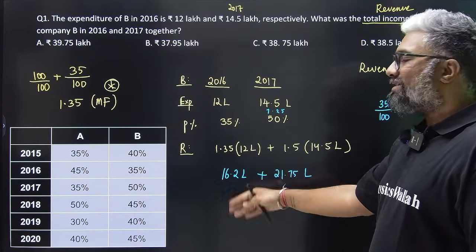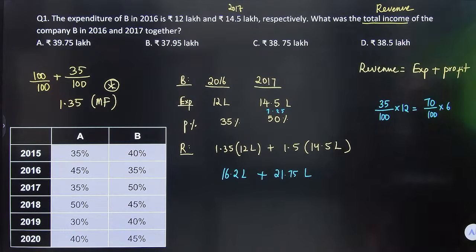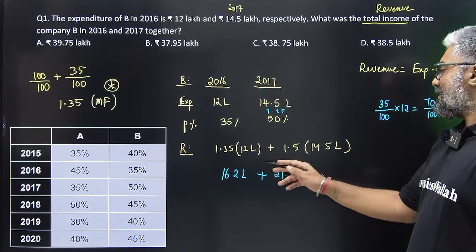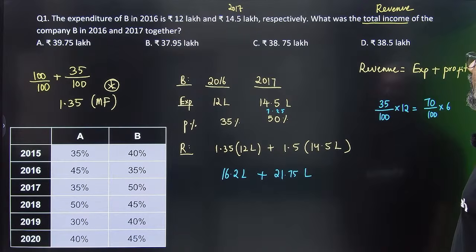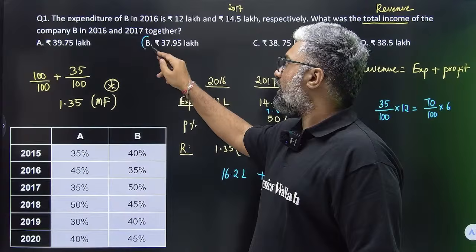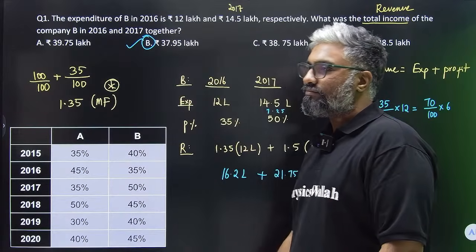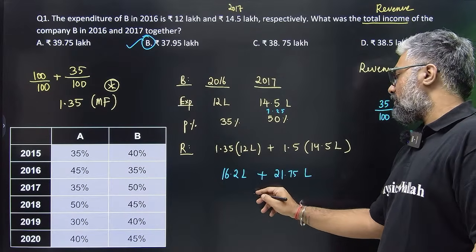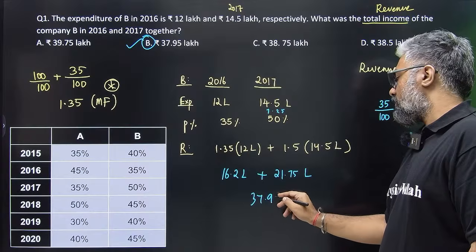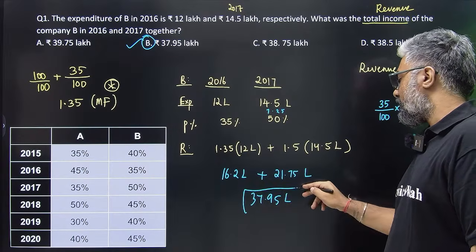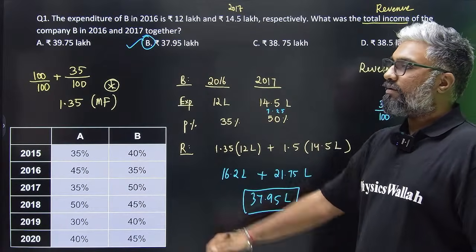All I need to do now is just add them. So when I add them, what do I get? I get 37.95. Do I have 37.95 lakhs? Yes, I have. Option B done. 37.95 lakhs precisely. Option B.